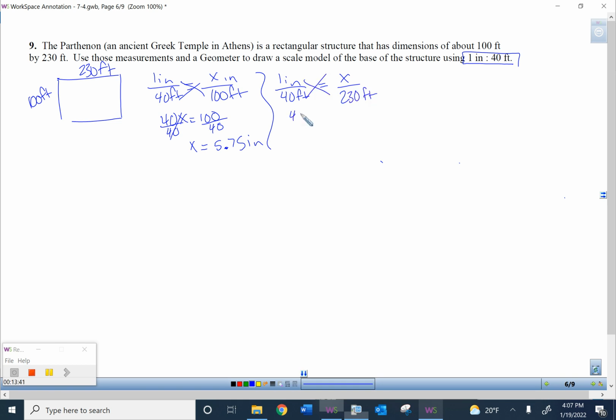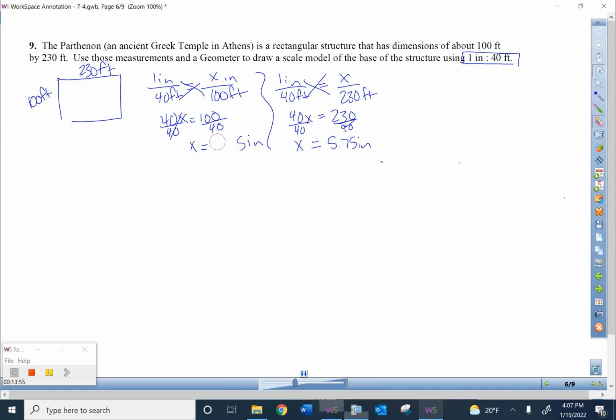So this time I've got 40x equals 230. Divide by 40. x equals, I got these flip-flopped. This was our 5.75. This one was 2.5. Sorry about that. Alright, but those are my dimensions.